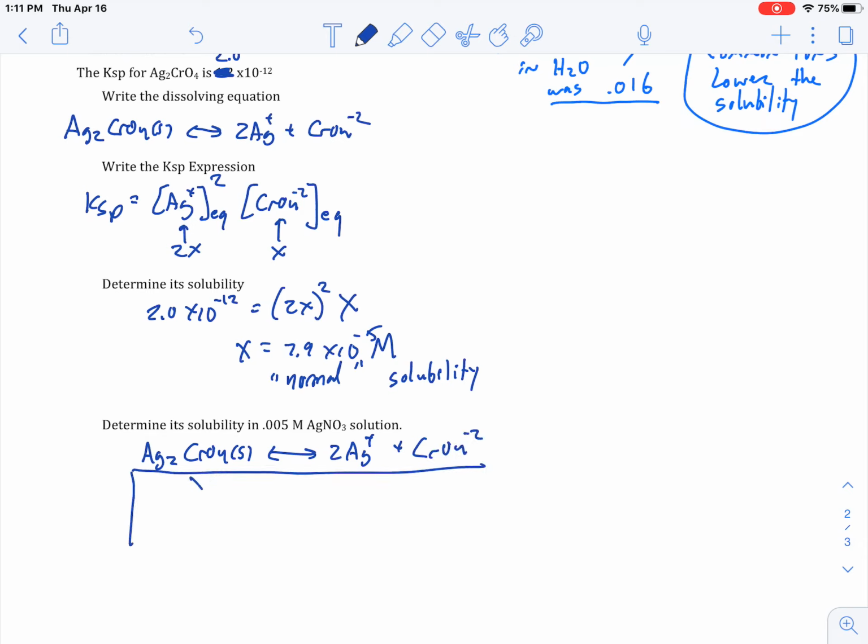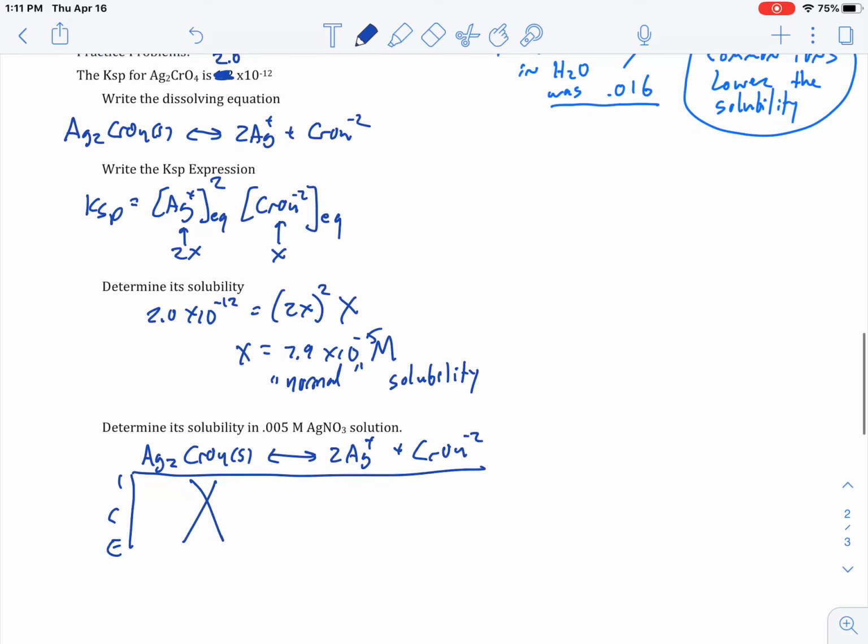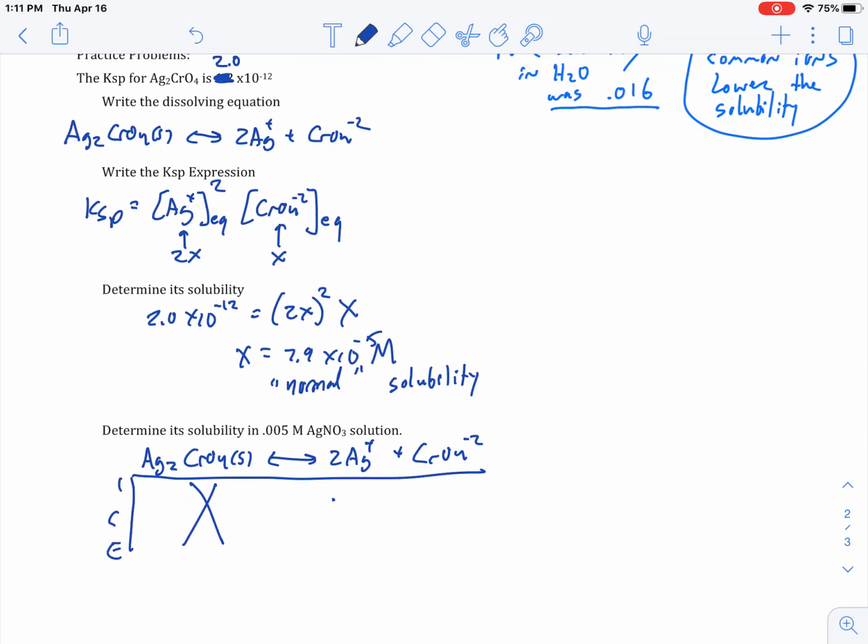So we write ourselves an equation again, and they're saying that we are dissolving this in 0.005 molar silver nitrate solution. So right here, 0.005, that is our initial concentration for silver. The change row is the same as it would be.